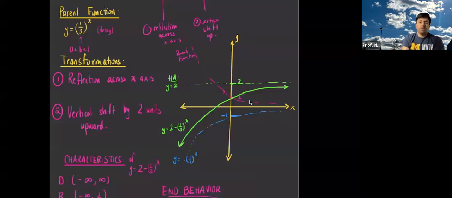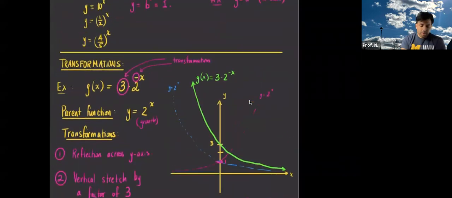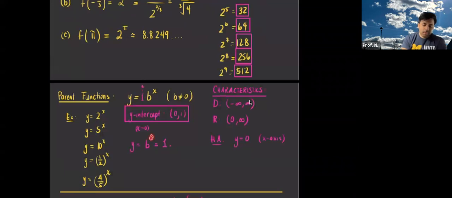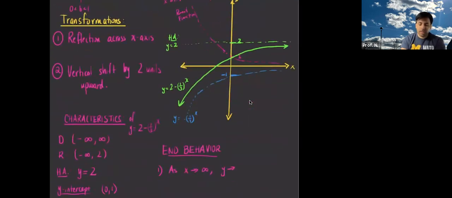Why? Because when you plug in 0, if you raise any number except for 0 to the power 0, you get 1. So henceforth, the y-intercept is 0, comma 1.